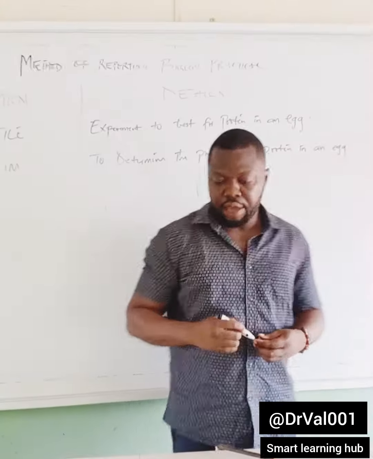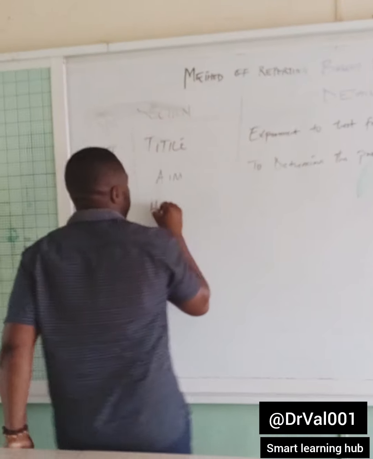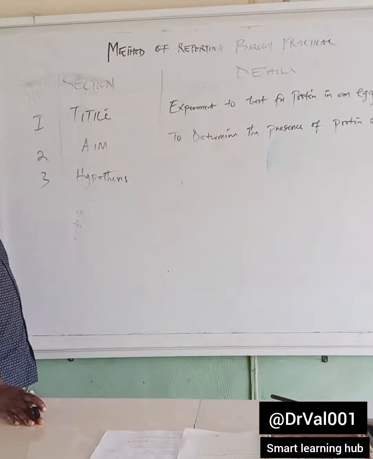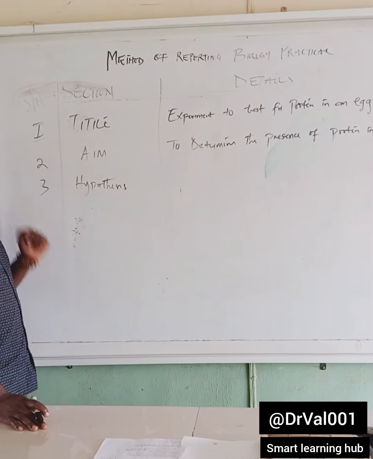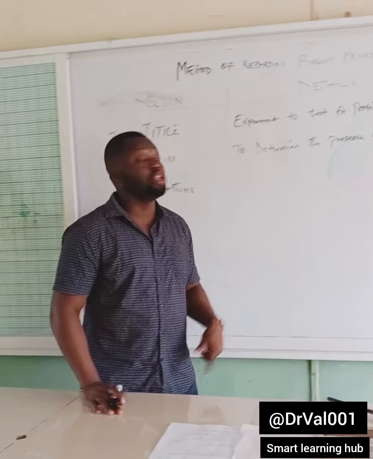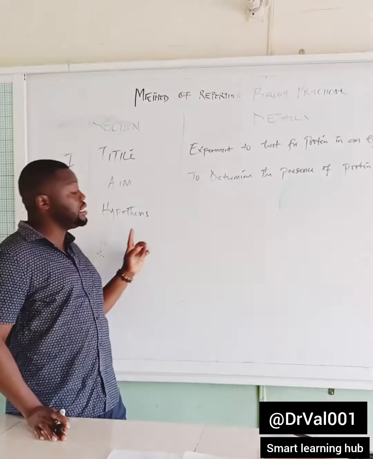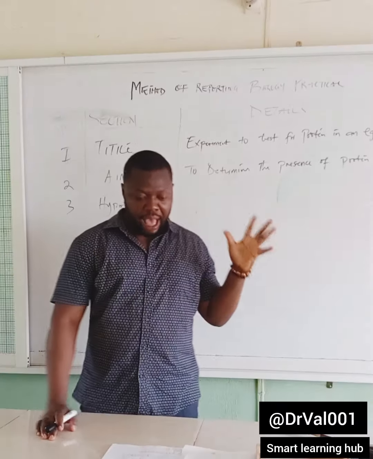After your aim, you talk about the hypothesis. Three is hypothesis. Now, this hypothesis is not compulsory when reporting a practical. You just write it where it is applicable.